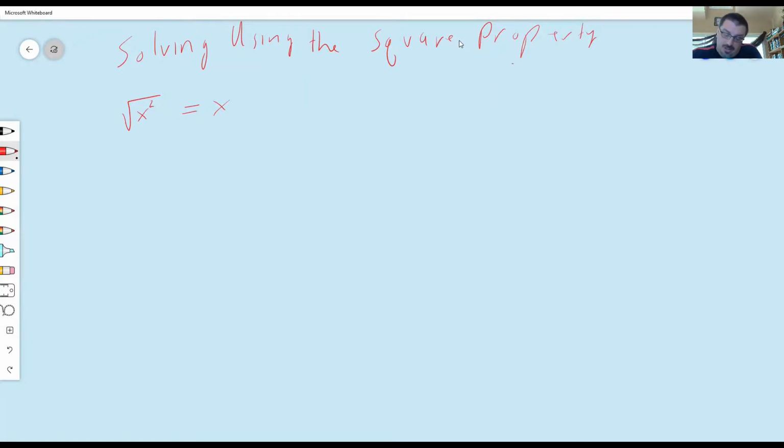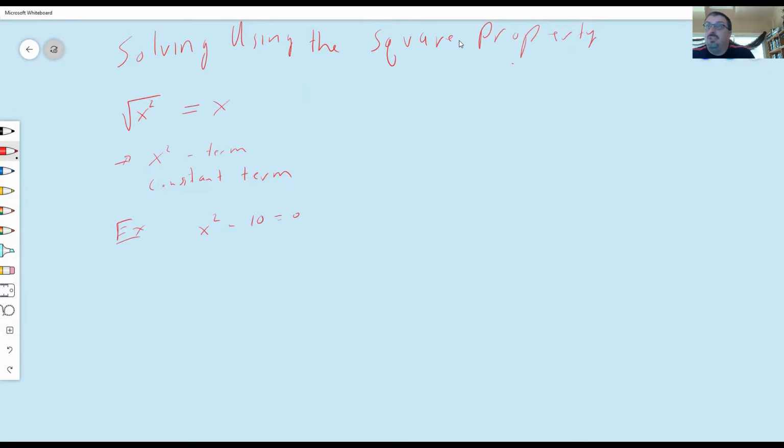To use the square root property, you need a single x squared term and a constant term. Examples would be x squared minus 10 equals 0.